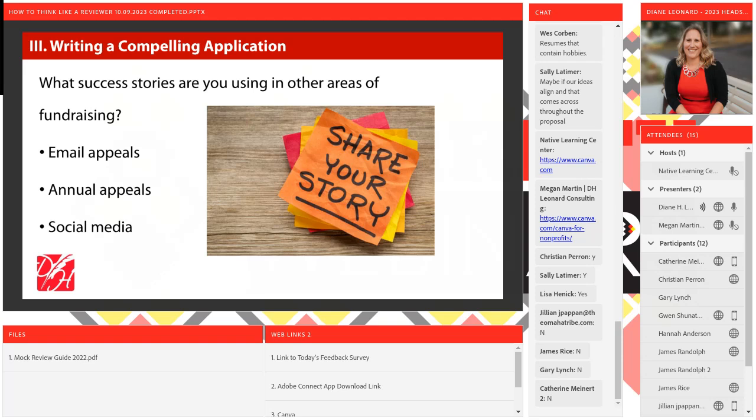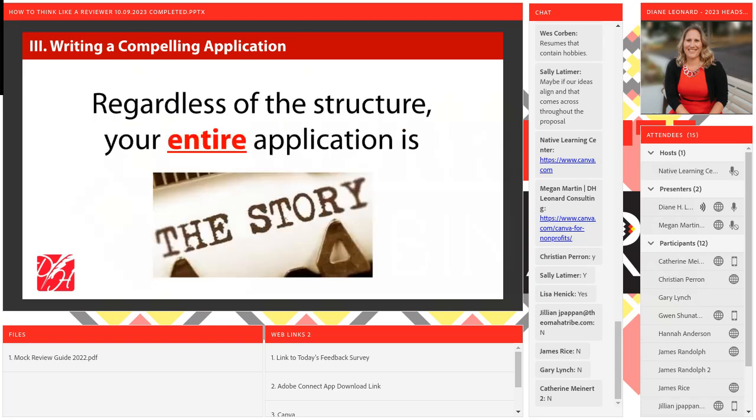Where are you talking about your impact stories? Is it in email appeals, annual donor appeals, social media? Look for other places you're sharing impact stories and think about how you could include them. Some proposals will have space, certainly not all. But those could be an extra bonus for how you turn that story of your entire application into something that will resonate with as many reviewers as possible.